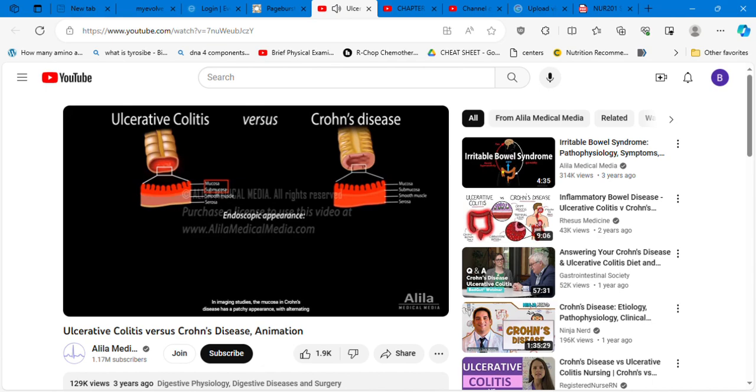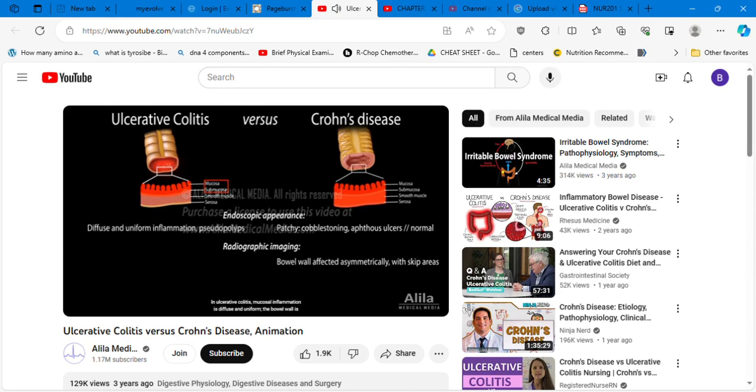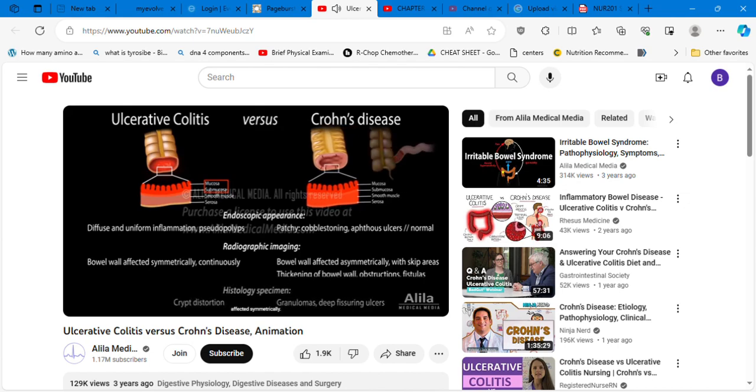In imaging studies, the mucosa in Crohn's disease has a patchy appearance, with alternating regions of diseased and normal tissues. The bowel wall is affected asymmetrically. In ulcerative colitis, mucosal inflammation is diffuse and uniform. The bowel wall is affected symmetrically. Thickening of the intestinal wall, bowel obstructions and fistulas are unique to Crohn's disease.